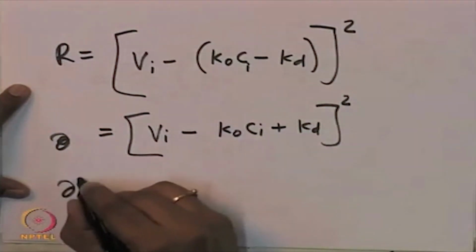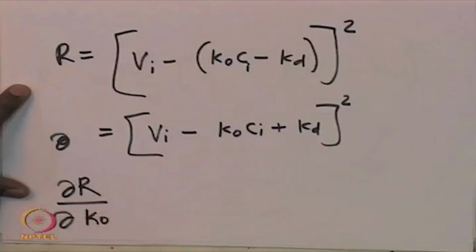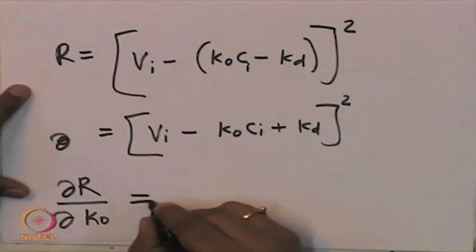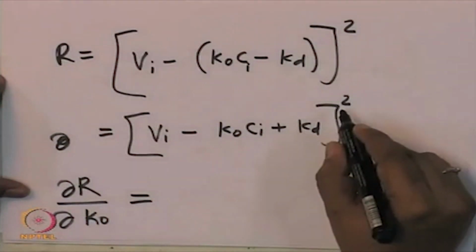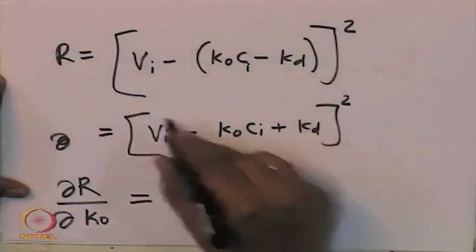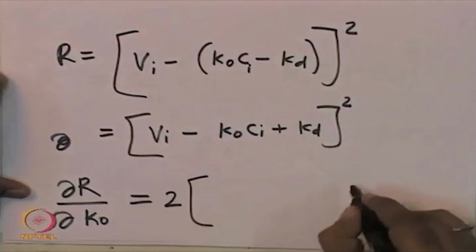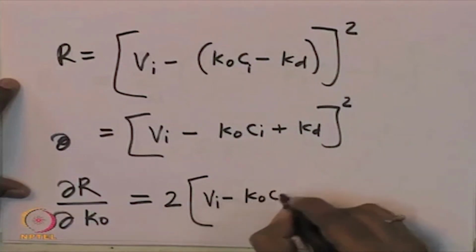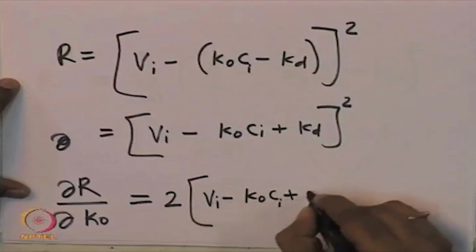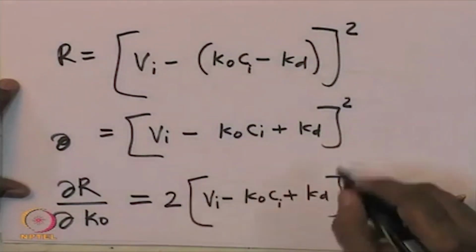Now, first let us do del R by del k0. What is del R by del k0? Surely, the whole thing is a square, so there will be 2 times this particular function, Vi minus k0 Ci plus kd. Do this derivative carefully yourself.